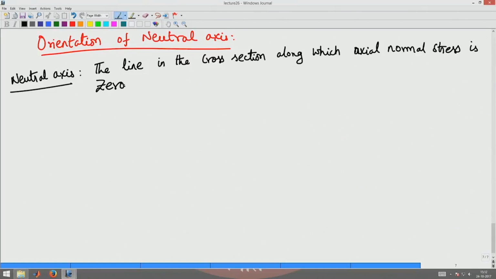So, you know that sigma xx has to be 0 along the neutral axis location.